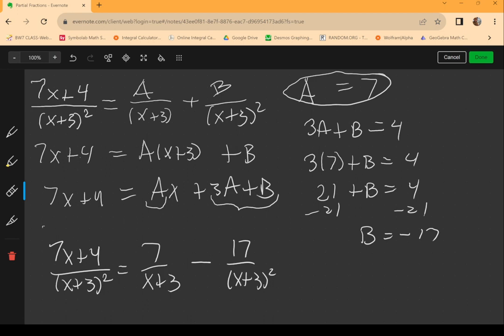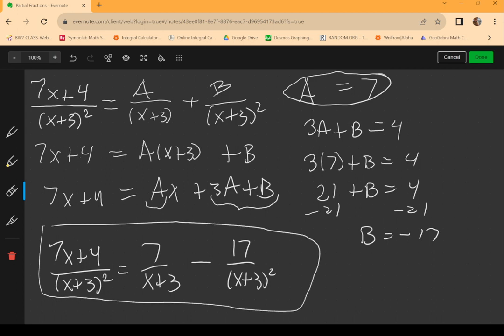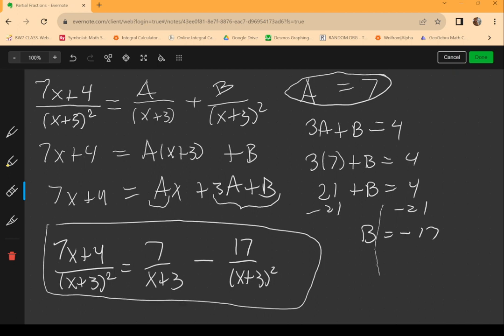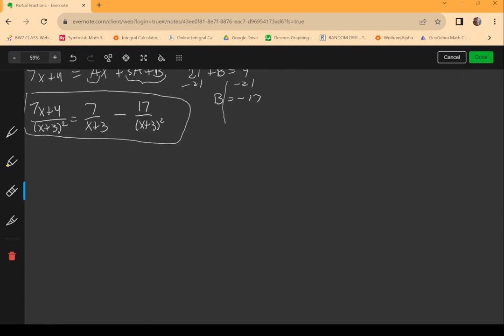Either way works as well. Okay, so now that's how we would approach our repeated linear factors. Let's go over another example where let's say that we had a combination of non-repeated and repeated factors and how we approach something like that.